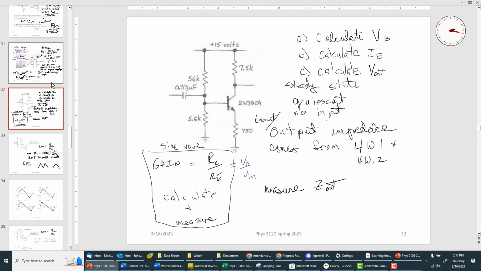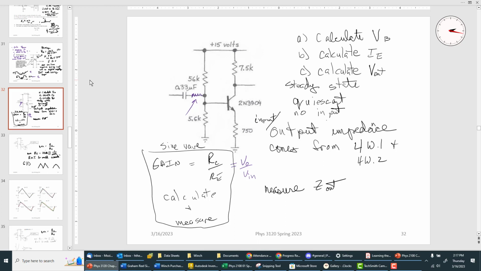So he just says check its output impedance. No, input. I put it up there. Input and output impedance. Okay, so you would put a resistor between the 0.33 microfarad capacitor. So your test resistor would go in here. It actually doesn't matter.